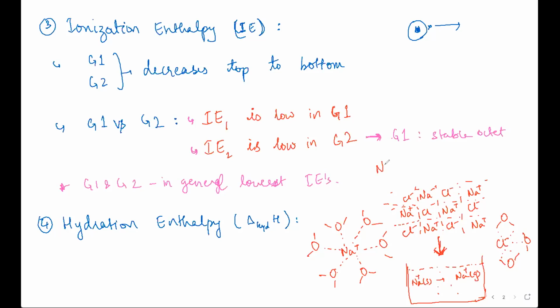So the energy change of converting Na plus gas into Na plus aqueous, the energy change associated with this process is called hydration enthalpy. Okay, so it's the enthalpy of hydrating a particular species. Hydrating means attaching water molecules to it.